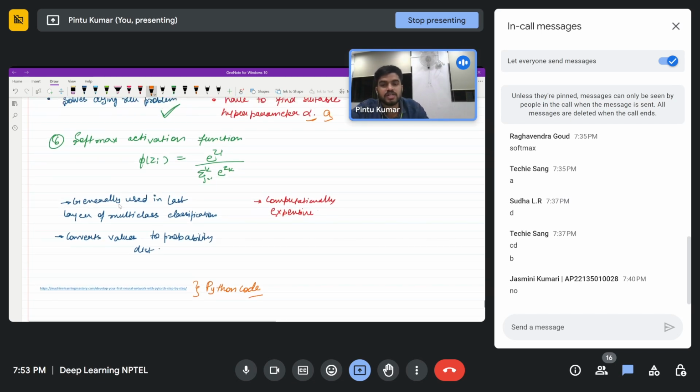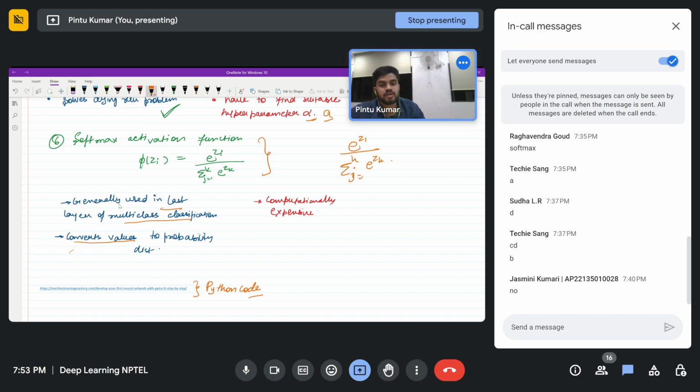Okay, so the last one is the softmax activation that we just talked about. Softmax activation is e to the power zi divided by summation j from 1 to k of e to the power zk. Okay, so the advantages are whatever we mentioned. It is used in the last layer for multi-class classification. It is very useful over there. So it is useful to convert any value to a probability distribution.